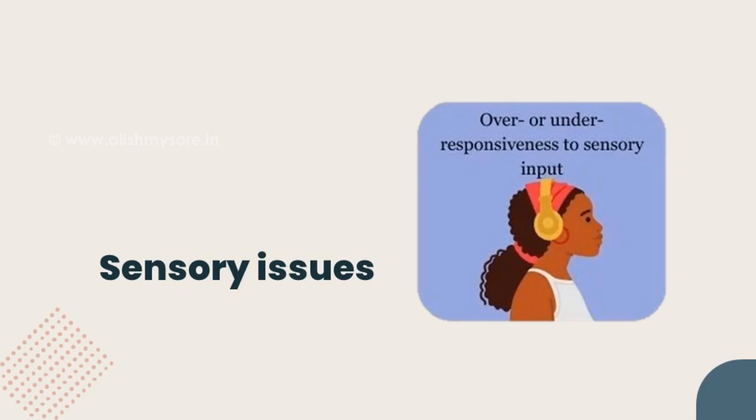Just to give you an example, children with autism may not like to hear certain kinds of sounds, especially those of high frequencies, like the cooker noise or the mixie noise and so on. With respect to visual, they do not like certain kinds of lights. Some of them prefer staying in dim lights.